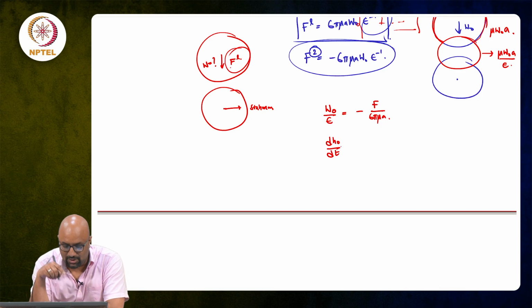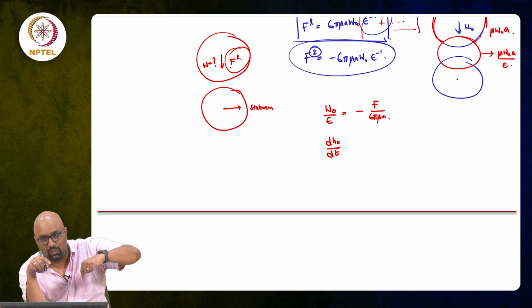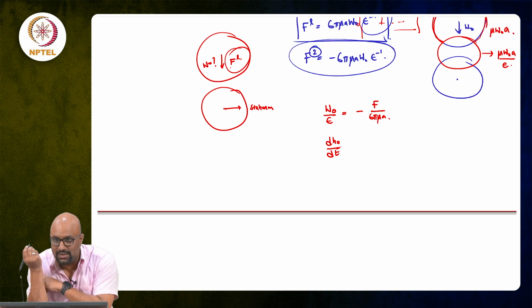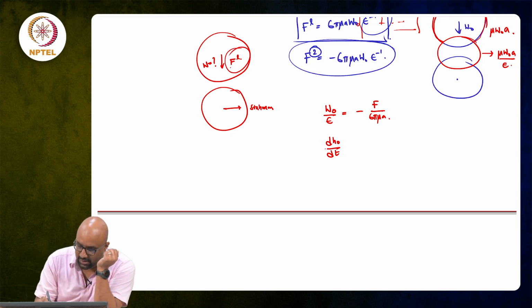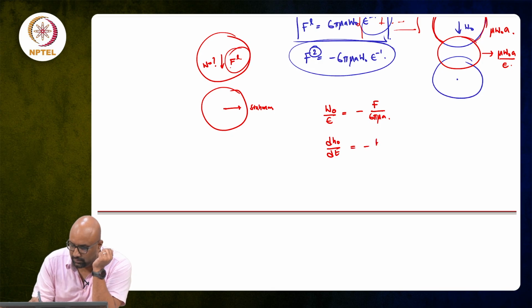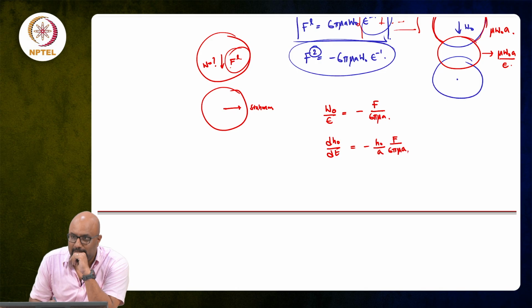It again depends on how we have defined W naught pointing downwards. That means that as the gap becomes smaller and smaller, W naught is basically plus dH naught dt. And what is epsilon? H naught by a, right.